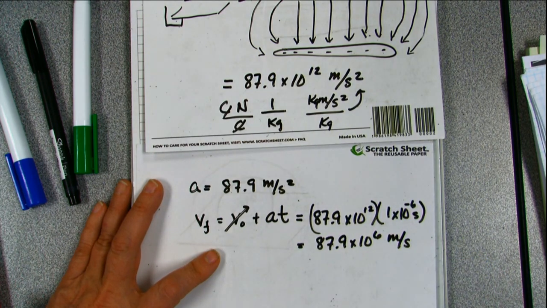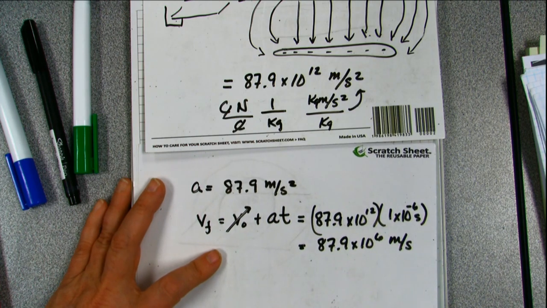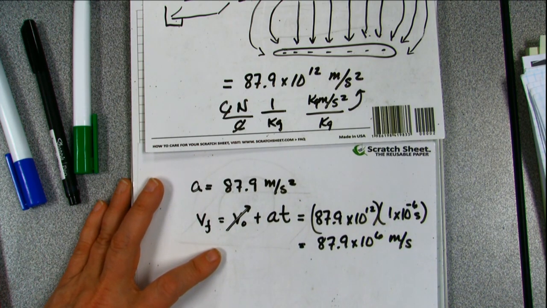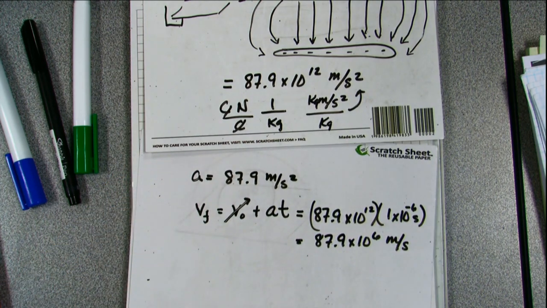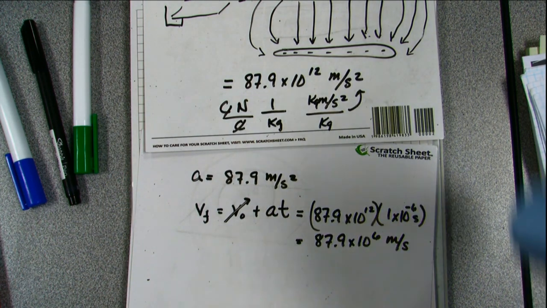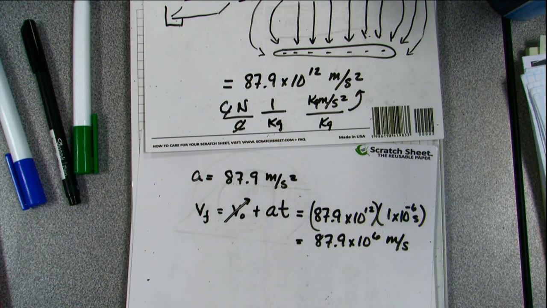A picosecond is only minus 6? Yep, I think that's right. Milli is minus 3, micro is minus 6, nano is minus 9. I thought nano was after micro. Nano's minus 9. Milli, micro, then nano, then pico.